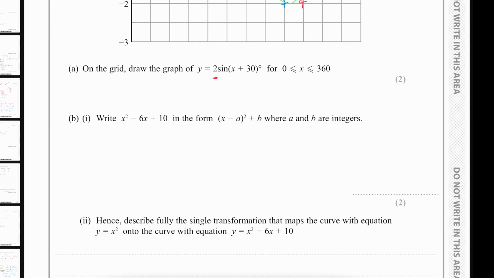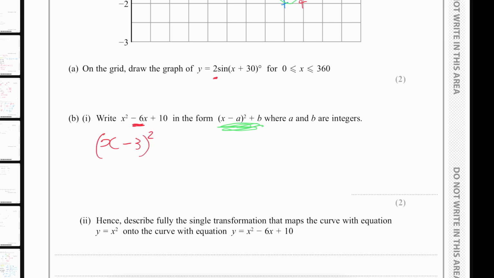Okay, next up, write x squared minus 6x plus 10 in the form (x minus a) squared plus b. So straight away this looks like completing the square. So I'm going to do that on my equation. So we've got in brackets x, and then remember, for completing the square, we look at this term over here. We say halve it, square it, and take it away. So we've got x minus 3, so that's the halve it.